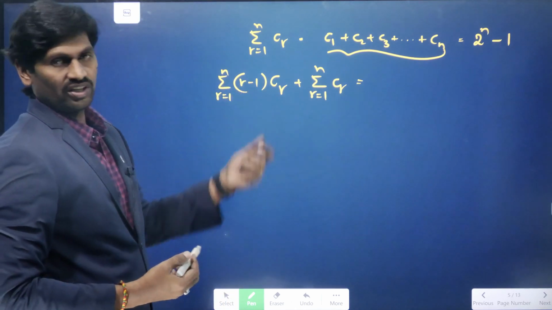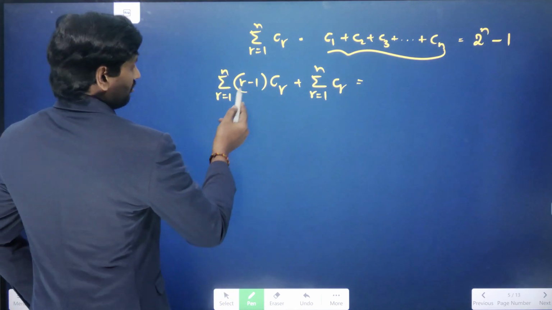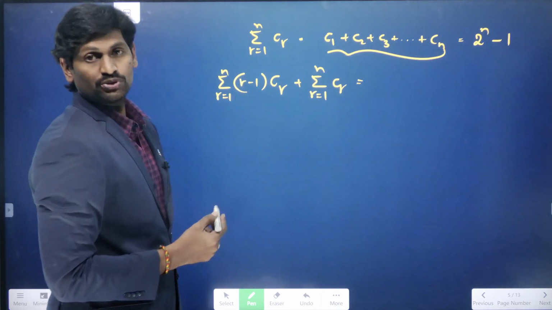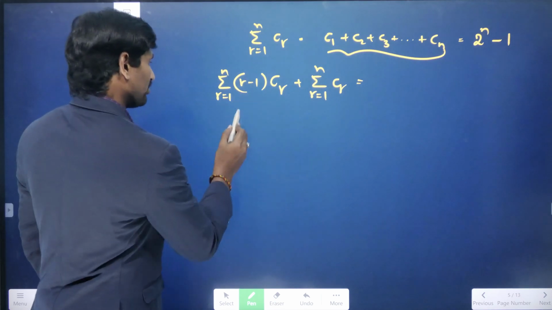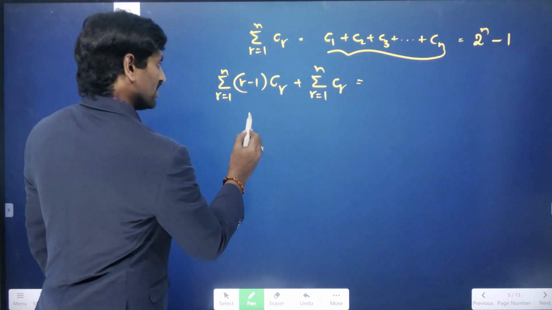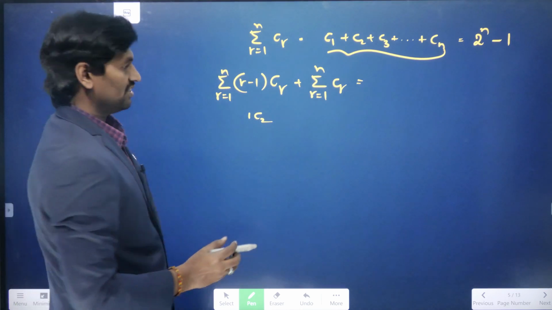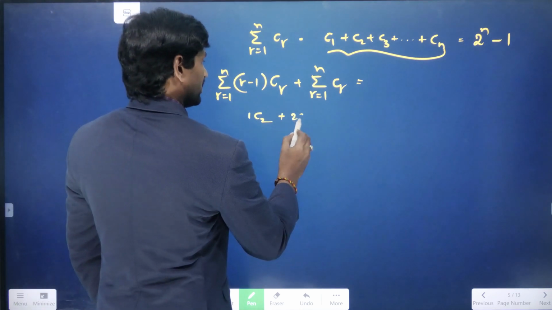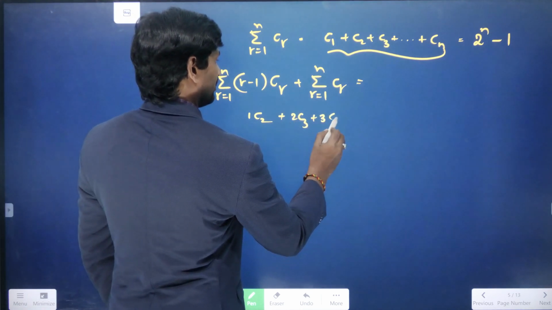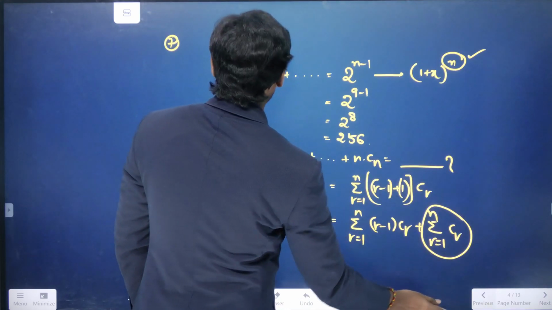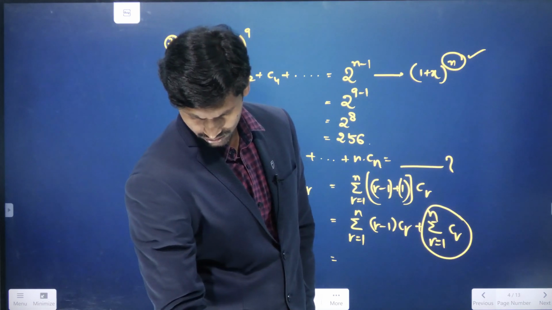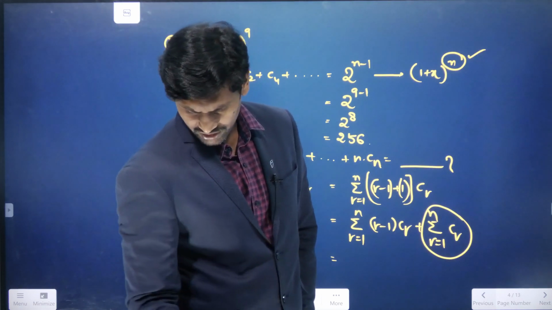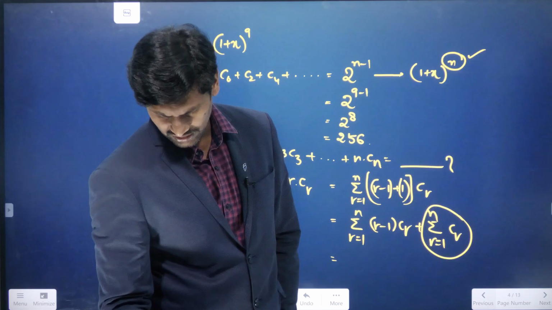How can we write this? In the place of r, if you substitute 1, the first term, the entire term will be 0. Second term, that means r is 2, 2 minus 1, that means 1 C2, plus 2 C3 plus 3 C4, like that will come. But what is the given question? 1 C1, 2 C2, 3 C3, like that it is given.